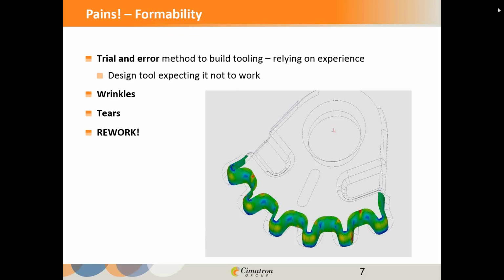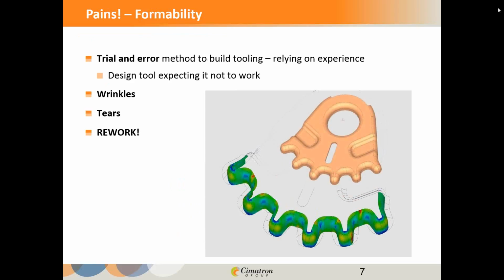And then with formability, all too often, the experience of the shop will put their heads together and look at the part and decide how they anticipate the part is going to be made. In fact, they may even go through a couple of iterations of that design expecting it not to work right. They want to see how it fails so they know what to do to make the adjustment. The part could wrinkle, the part could tear.